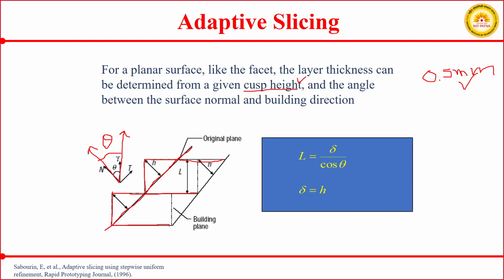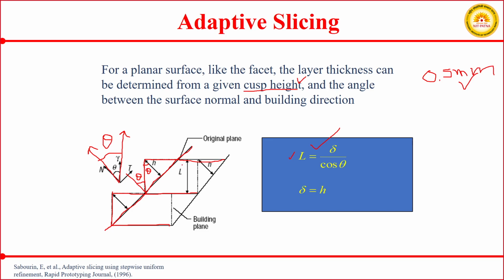Using this relationship you can find out the layer height or the layer thickness. Because this is normal to it, this will be theta and this will again be theta.